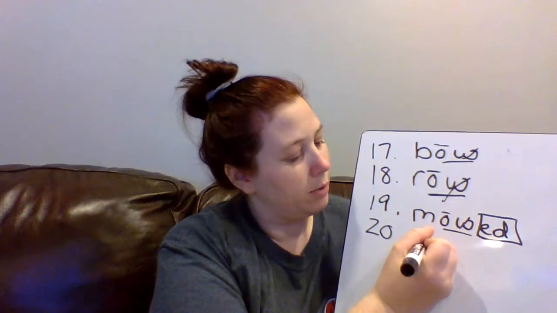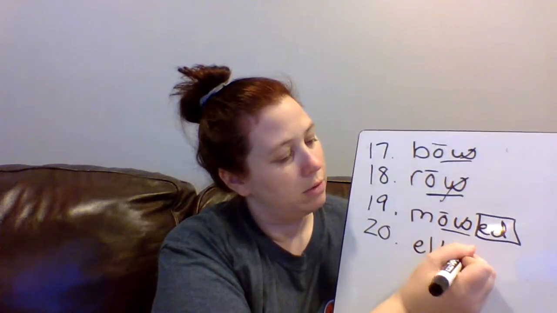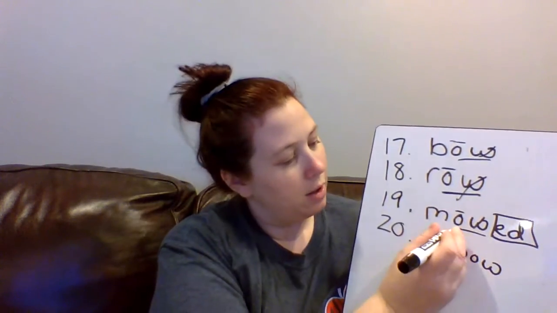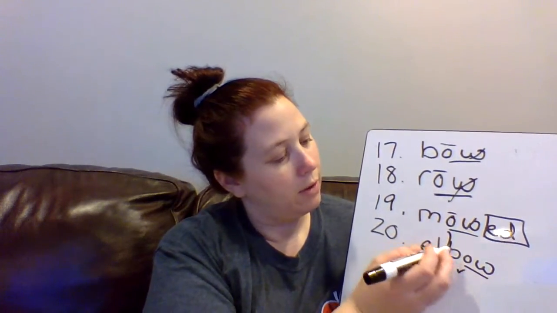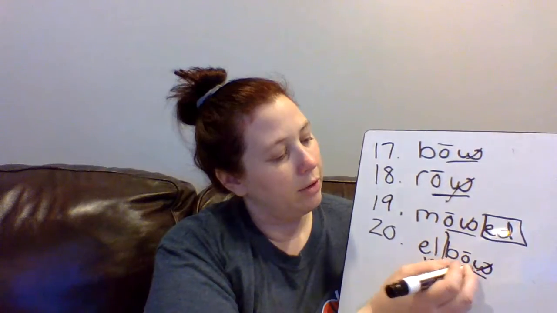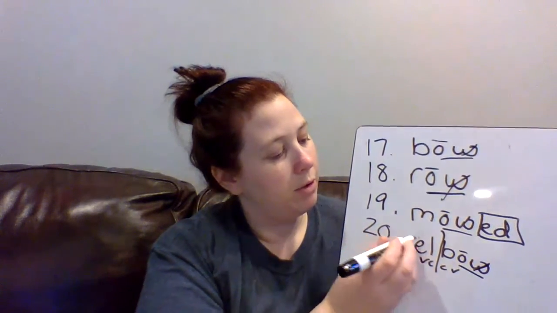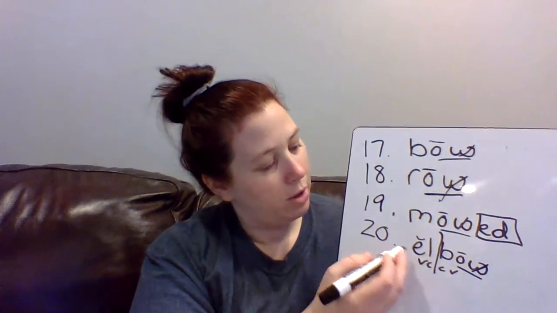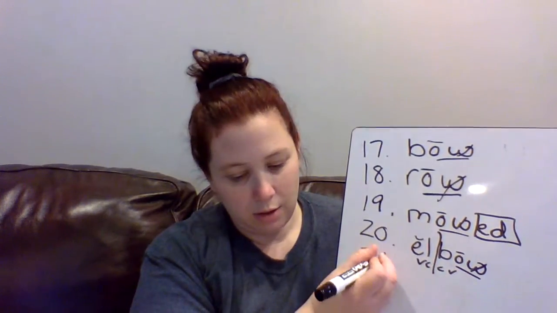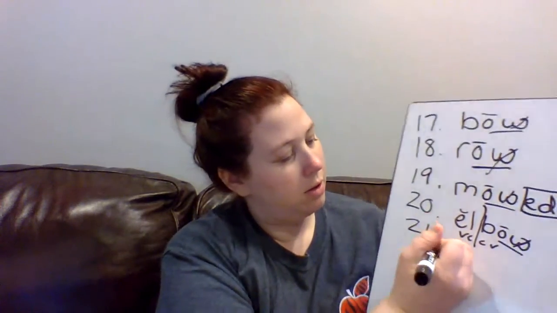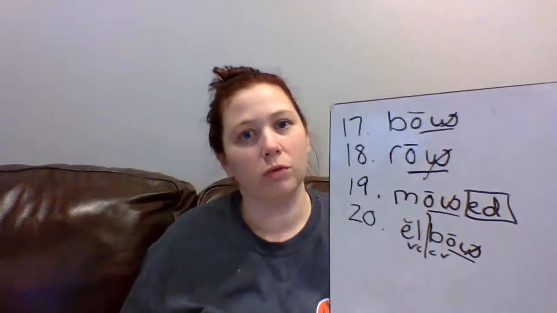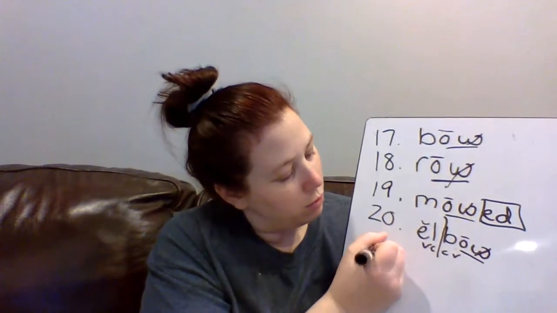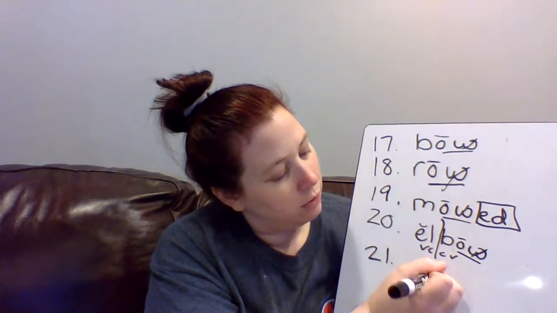Number 20, elbow. Here we have our vowel, consonant, consonant, vowel. We also have our digraph. So we're going to put a macron on the O and a line through the W, and then our E gets a brev because it's vowel consonant. And then 21, I'm actually going to move 21 down a little. I'm getting a little too close. I don't have room. 21 is minnows.